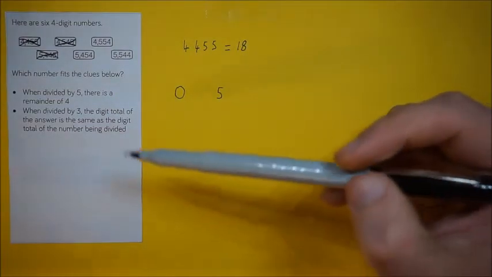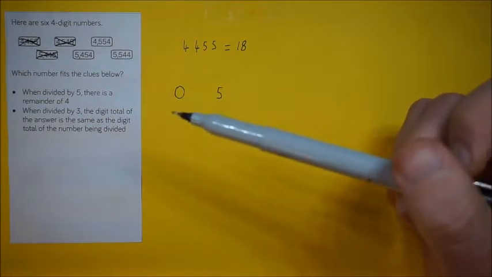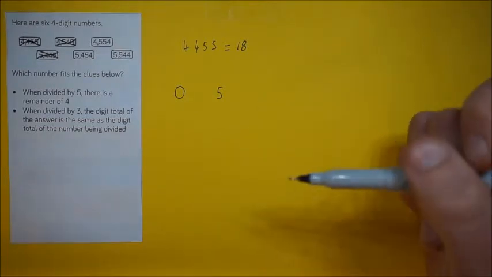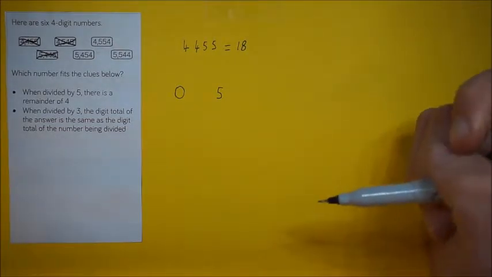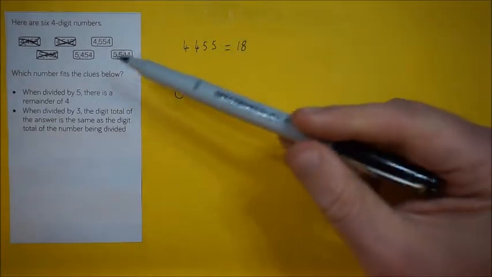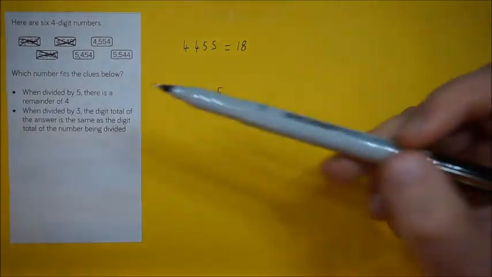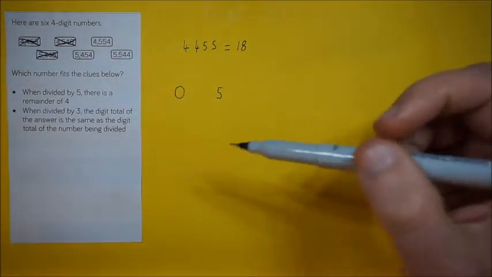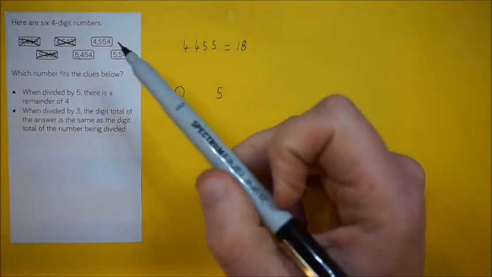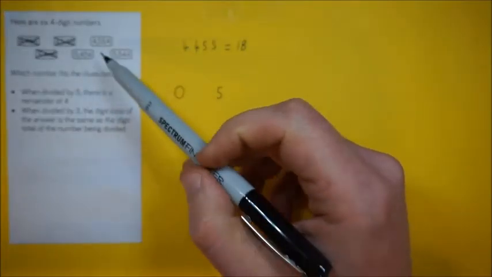The second clue says when divided by 3, the digit total of the answer is the same as the digit total of the number being divided. So we're going to need to divide these by 3 to find out their answers. So let's do that now. We'll start with this one.